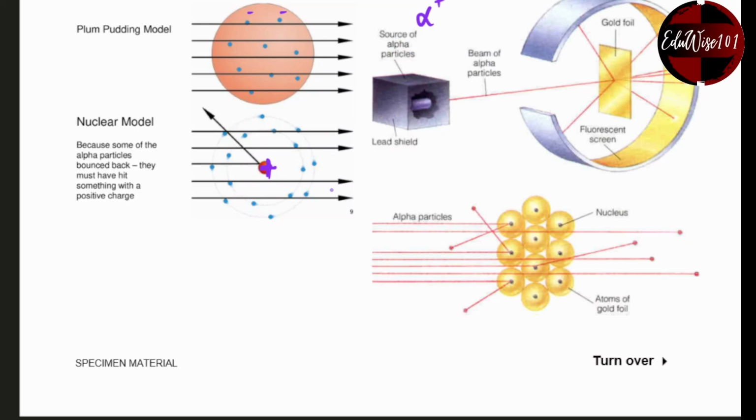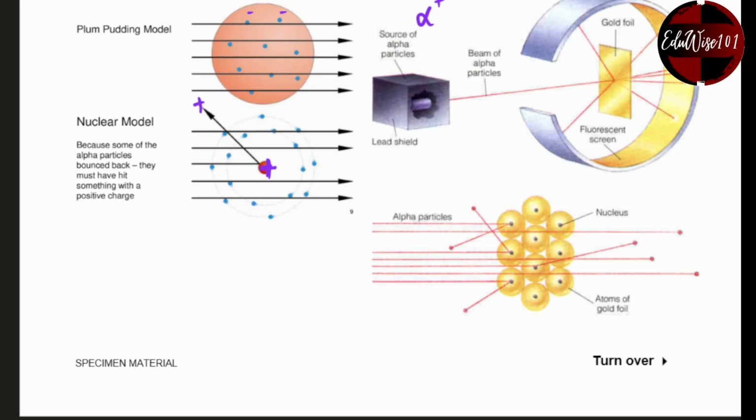And because most of the alpha particles went through, the model that was developed suggested that the mass of the atom is mainly concentrated in the center, while most of the atom is just empty space. And the nucleus is positively charged for another positively charged particle to be bounced off.